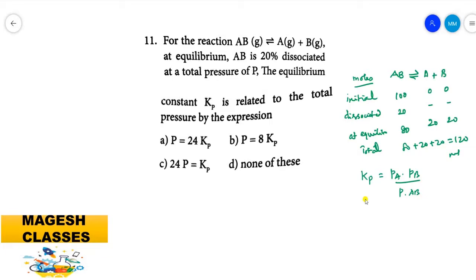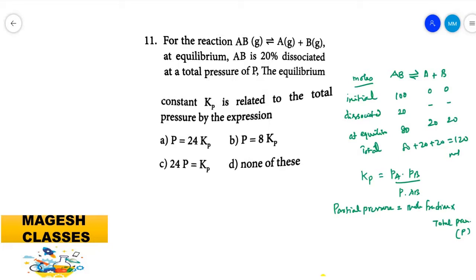So from that we have to find out the partial pressure of A. The partial pressure is obtained by mole fraction into total pressure. Say total pressure is capital P, and partial pressure is given by small p.